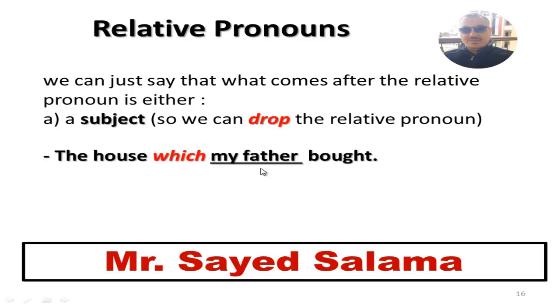So you can omit the relative pronoun which. You can say the house which my father bought, or the house my father bought. Both are correct. So to sum up in brief, we can omit the relative pronoun if it is followed by a subject, not a verb.